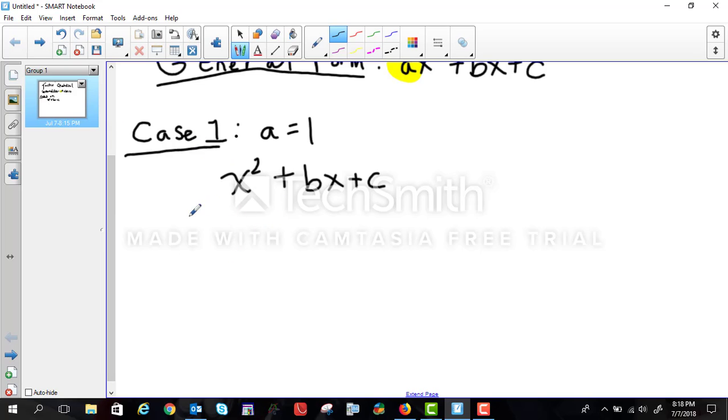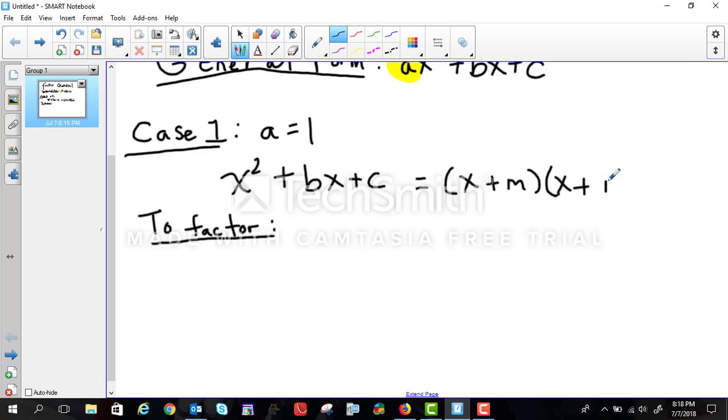So in order to factor these, we are going to follow a series of steps. What we're trying to do is figure out how we can break this up into a multiplication. So what we want to end up with is something in the form x plus m times x plus n. And again, m and n are just numbers.